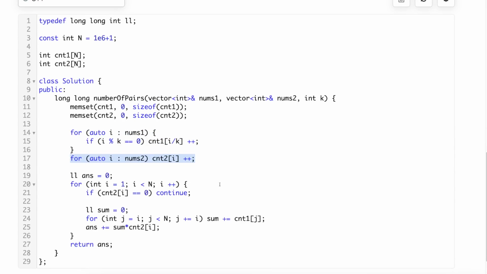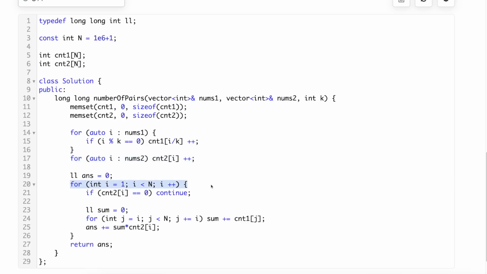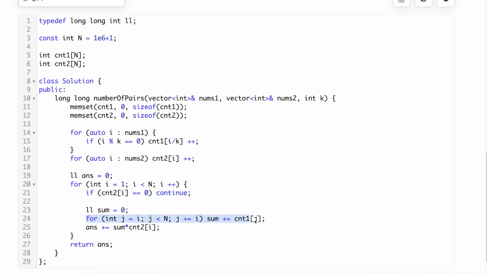Now as we discussed, we will go over all the frequencies from the second array, and for each of them iterate over all its multiples. So we start from 1 and go all the way up to n. If count2[i] is 0, let's continue. Otherwise we want the sum of the frequencies of all the multiples from the first array. So we iterate over all the multiples, like j equals i, j less than n, j plus equals i.